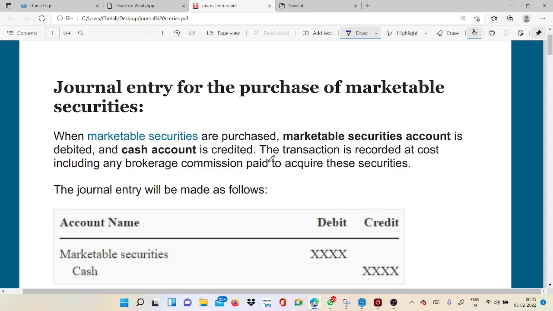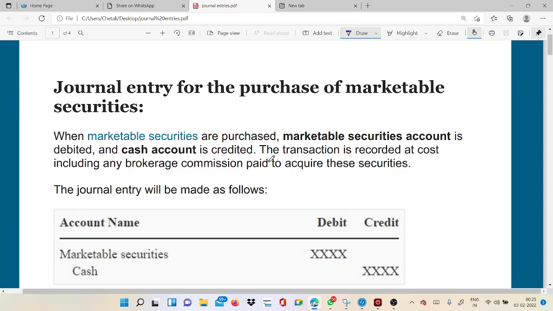Here, I will be clearing two doubts: what would be the accounting entry for a trade date, and what would be the accounting entry for a trade settlement date. I'm sure after this 15 or 20 minute session, we'll have a clear idea about what the accounting entries would be for these two different dates.